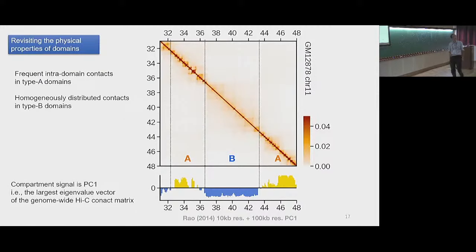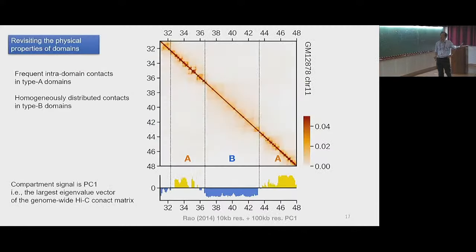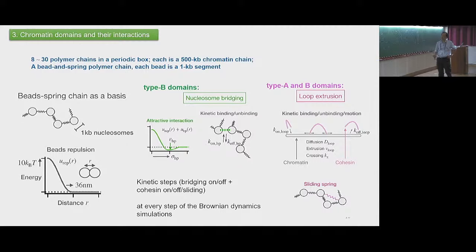Yes? Right. It is a polymer chain like this. So when you say that your extrusion velocity is V_loop, are you eliminating part of the springs during that process, or what is that? You mean the elementary strength of the spring?